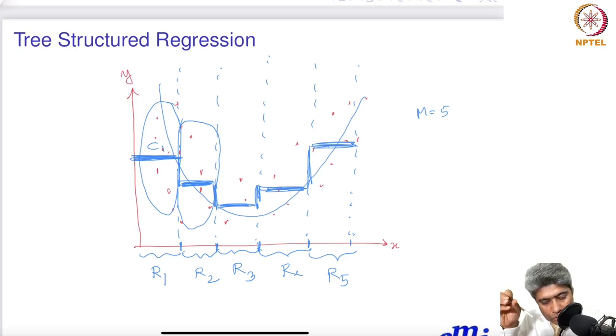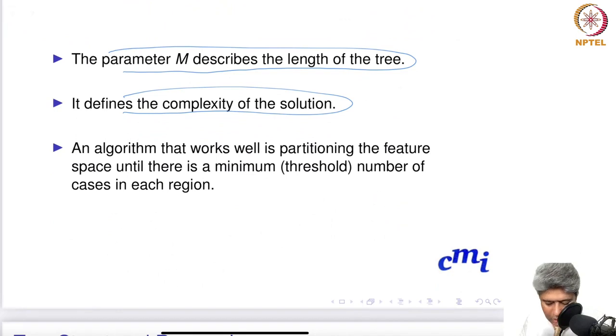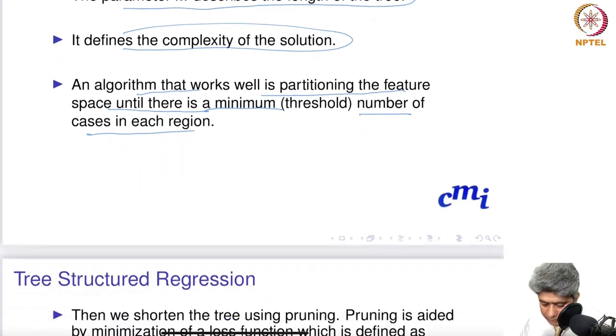If you choose too many m's, it could be too jittery, so this is something you have to be careful about. An algorithm that works well is partitioning the feature space until there is a minimum threshold number of observations in each region.